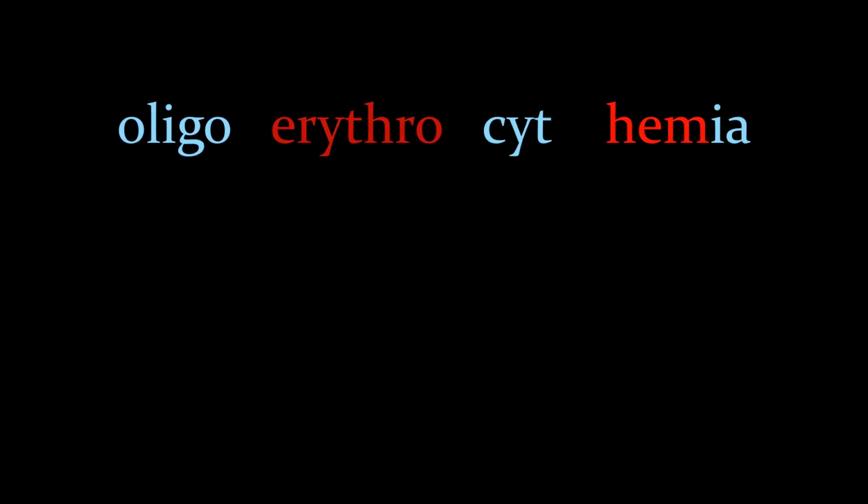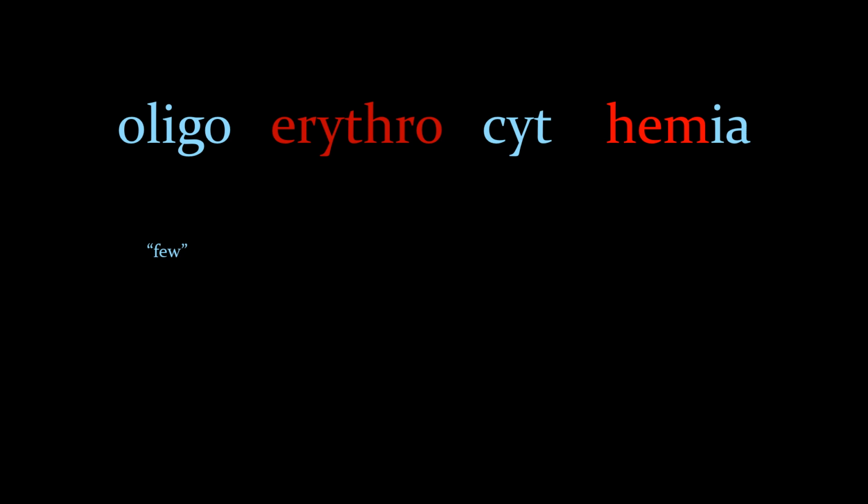No matter how long these get, our method is always the same. We're going to break the words up no matter how long they are and figure them out. Here we have the daunting oligoerythrocythemia. Not a problem. Oligo we know is few.